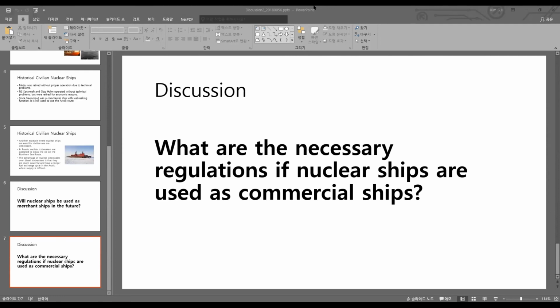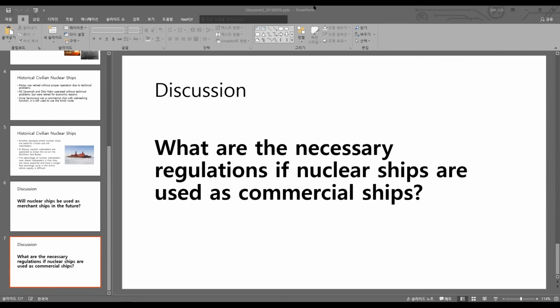I think an increase in nuclear ships can also raise safety issues. If a country has malicious or evil intent, they could use a nuclear merchant ship as a Trojan horse. So from that standpoint, nations would be very wary about allowing nuclear ships in their ports, as you mentioned previously.